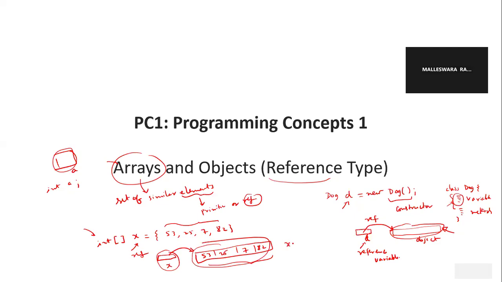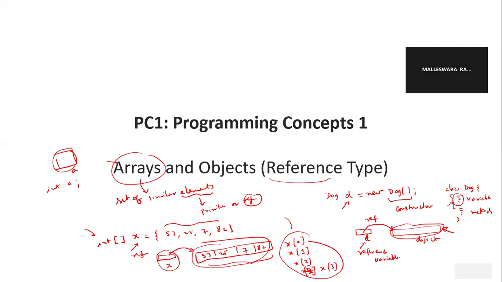So x[0] is the first integer. x[1] is the second integer. x[2] is the third integer. x[3] is the fourth integer. So if you want to get the integers, you have to write it like that.